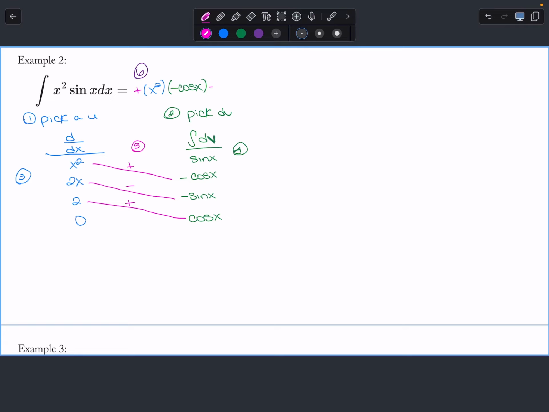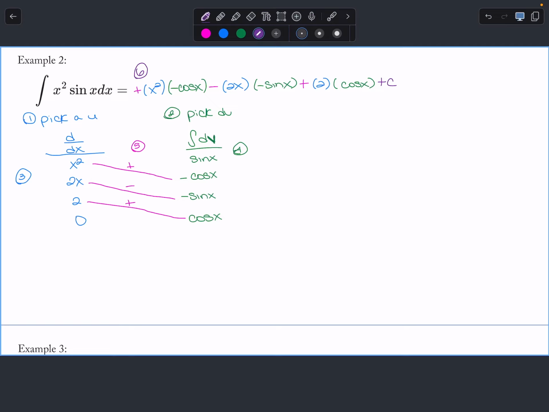I have a minus a 2x times a negative sine of x. And I have a plus 2 and a cosine of x. Oh my gosh. And a plus c.